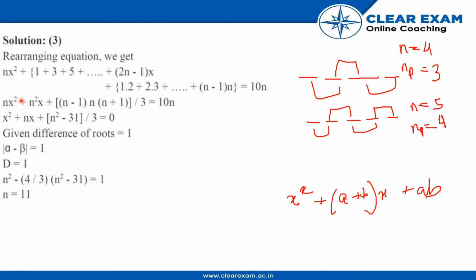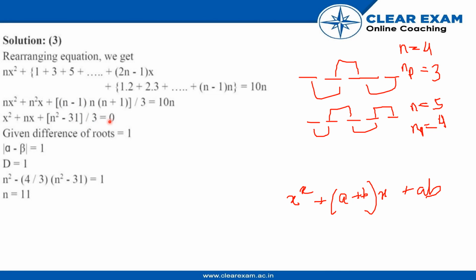We cut an n from here, n from here, and n from here, leaving only 10 on the other side, right? We take 10 on the left hand side and combine it with this term, giving us x square plus nx plus n square minus 31 upon 3. Mind that the 3 is only dividing n square minus 31. It is a constant term in the last.